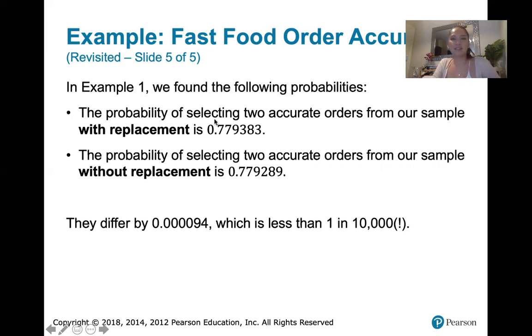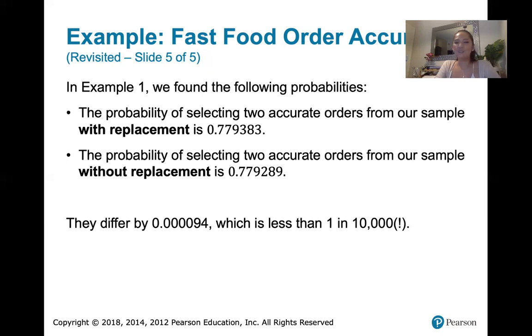So the difference between them is this tiny little decimal, which is less than 1 in 10,000. And I put that exclamation point in parentheses because it's not a factorial. It's just meant for emphasis.